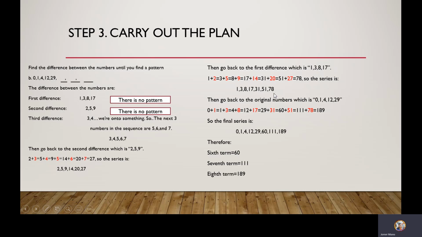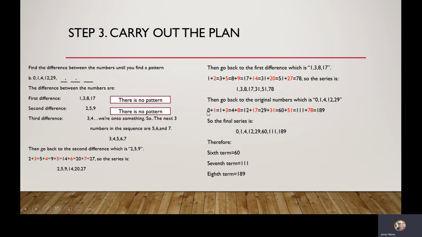So, nakakasunod pa rin po ba tayo? So, punta ulit tayo sa original numbers, which is yung given numbers na 0, 1, 4, 12, and 29. So, gaya kanina is pagsamahin lang natin yung series na nabuo natin sa original numbers.